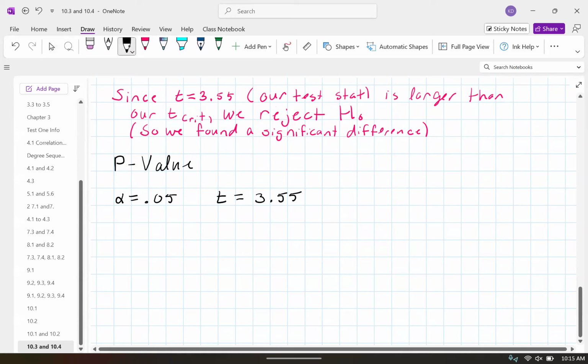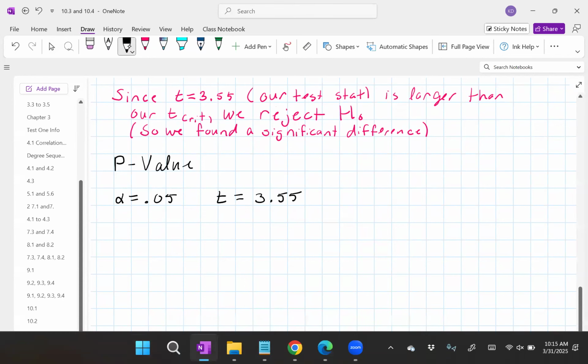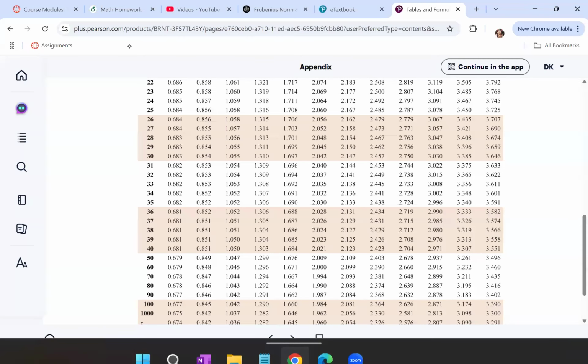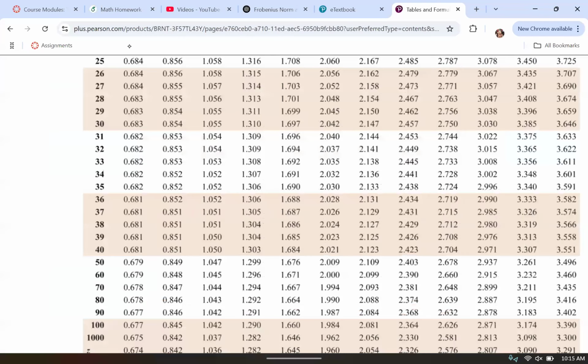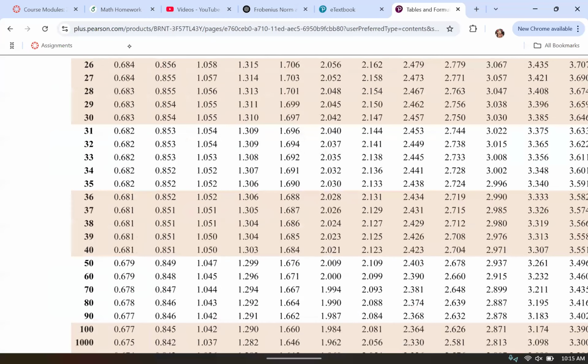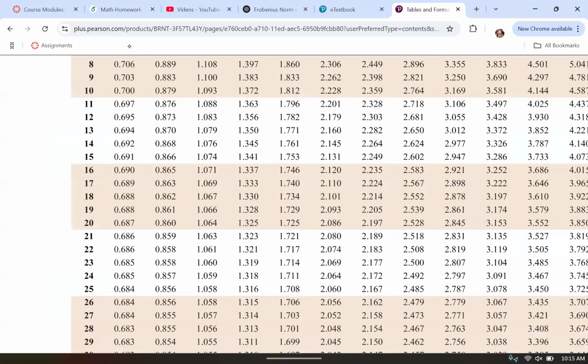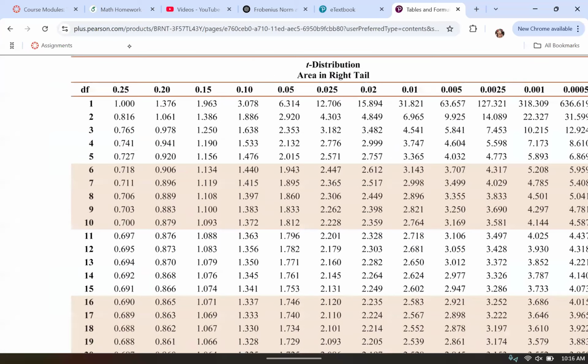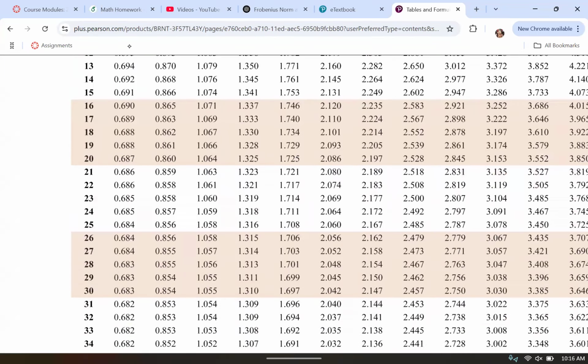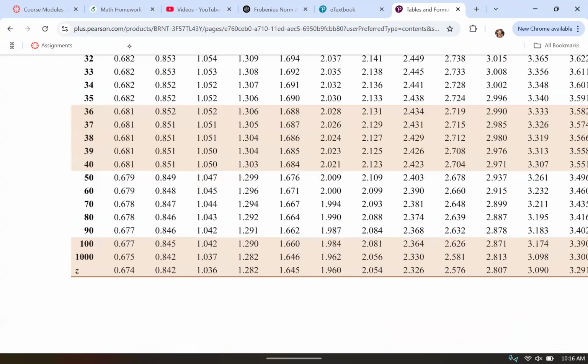So we're going to see if we can find our p-value based on this. In this case, we're going to read our chart backwards. So we're in the 0.05, what column is that? 1, 2, 3, 4. It's the fifth column. So look down this fifth column and see if we can find something close.